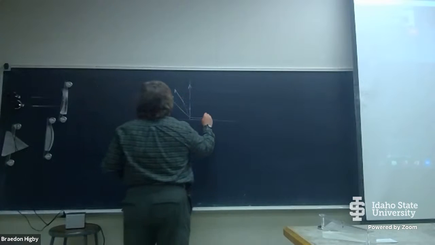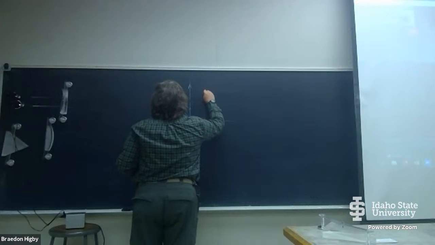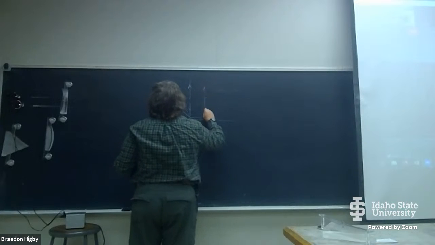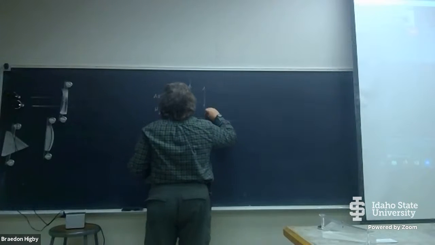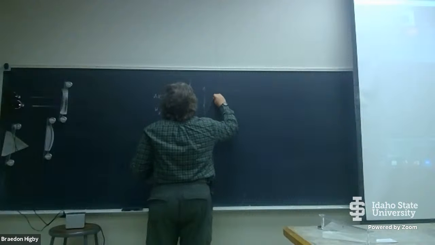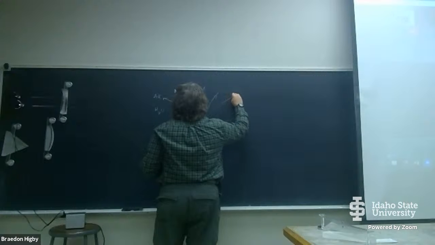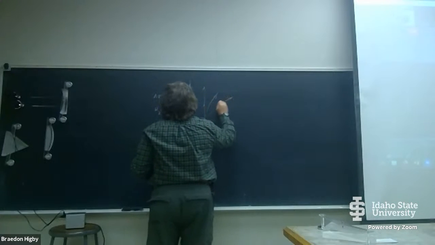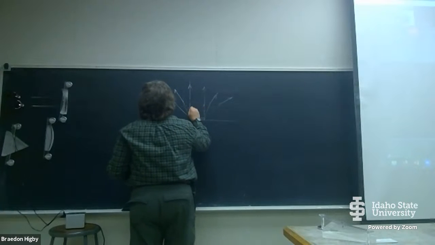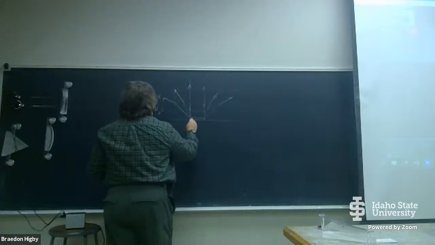And you can do the same thing for a point over here. It's all going to look like the light came from a point right here. So the image of the coin will be about here.